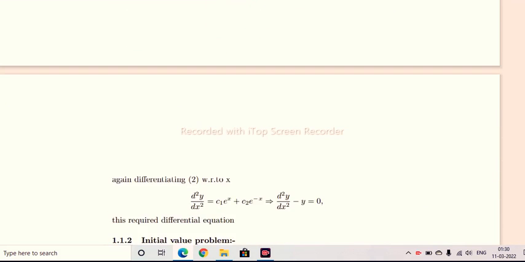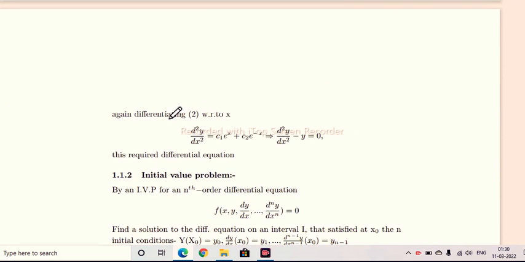Now we differentiate again because there are two parameters, so d square y by dx square equal to c1 times e to the power x plus c2 times e to the power minus x, which is y. So we put y and shift to the left, we get d square y by dx square minus y equal to 0.